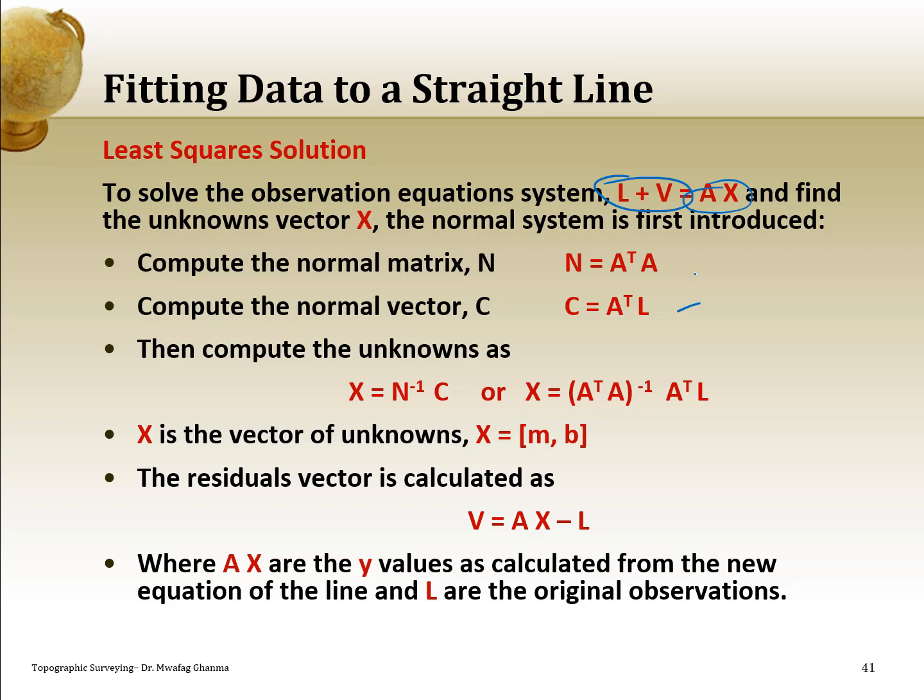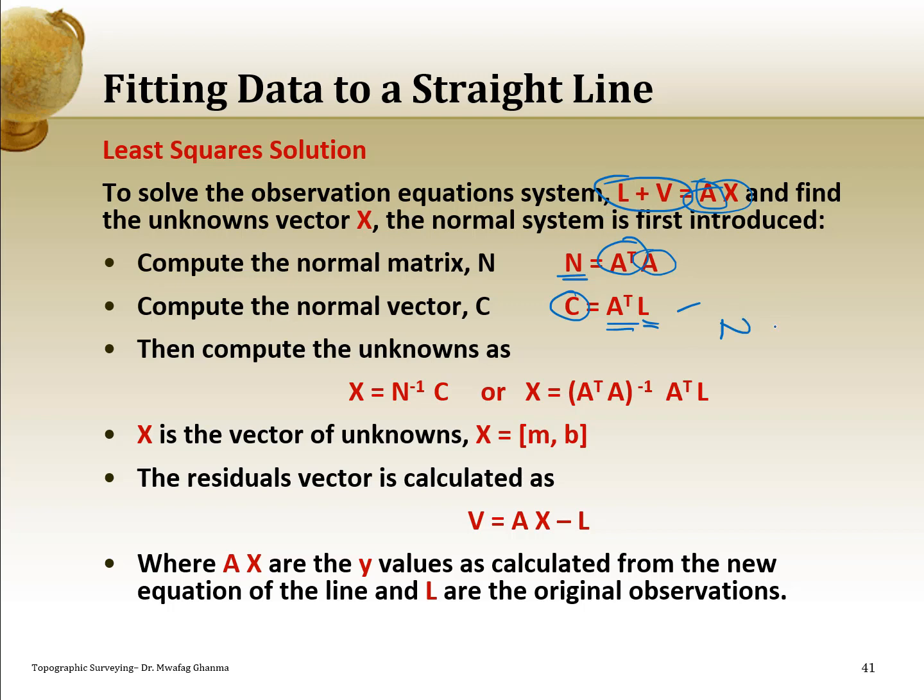We say N, which we call the normal matrix, equals A transpose multiplied by A. Then you create another vector called the normal vector, C, which is the transpose of the A matrix multiplied not by A but by L, the observations vector.